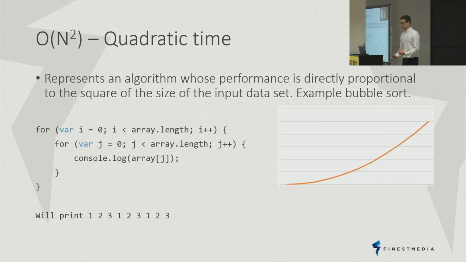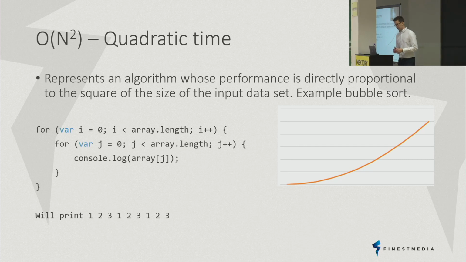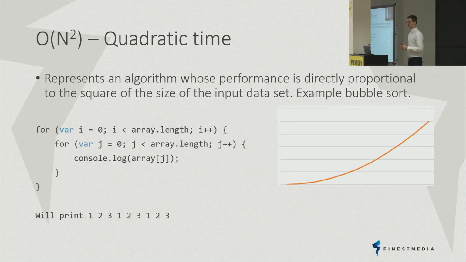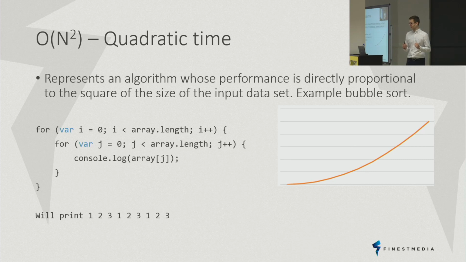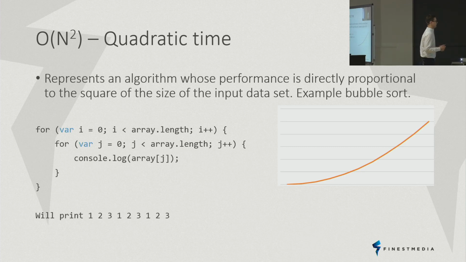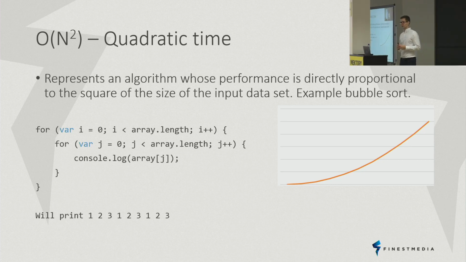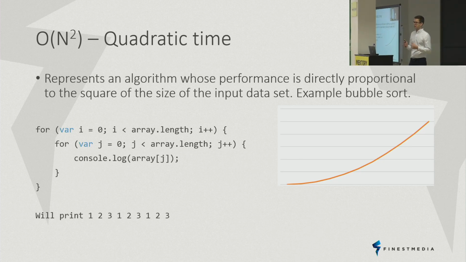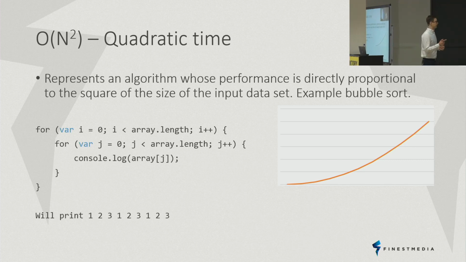And the third one is quadratic time. It represents an algorithm whose performance is directly proportional to the square of the size of the input dataset. Sounds more complicated already, but actually, it's not that complicated. The typical example of that is bubble sort. I think most of you with a developer background have learned bubble sort in school.